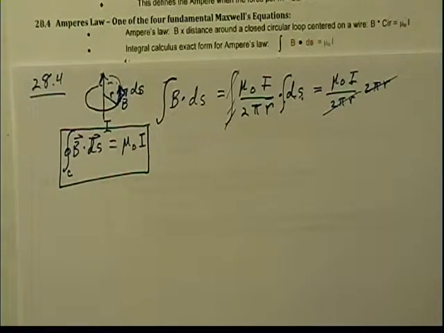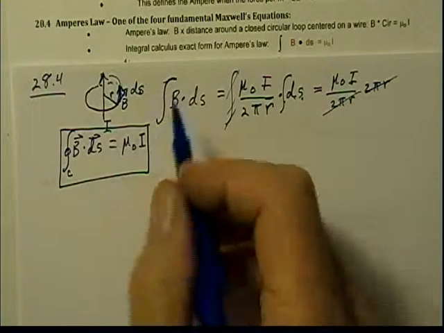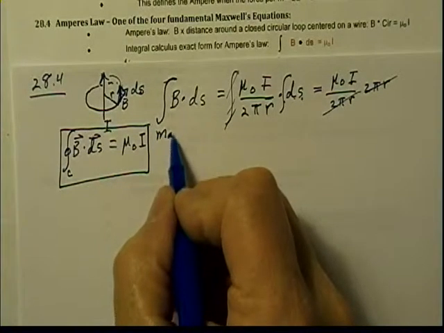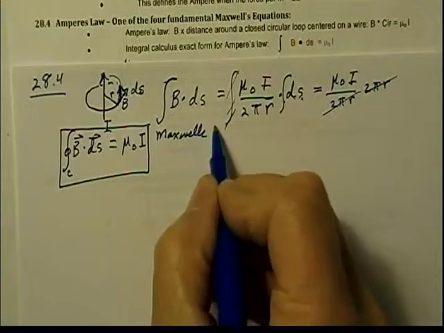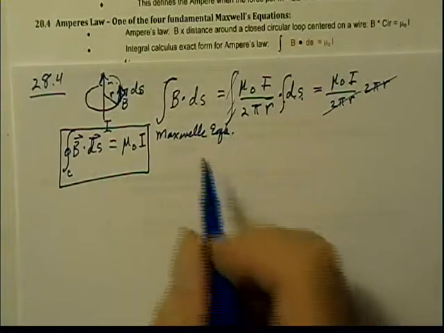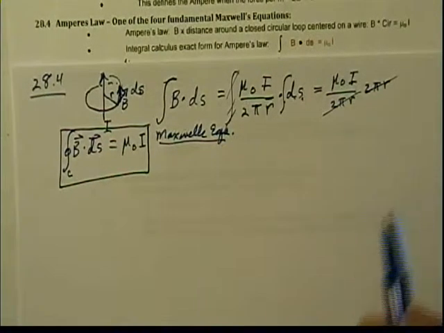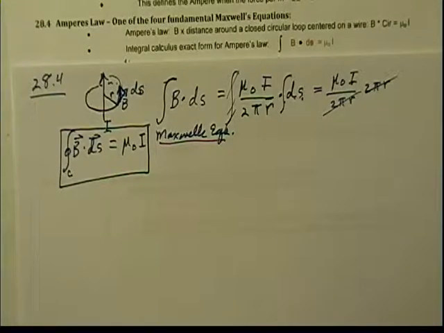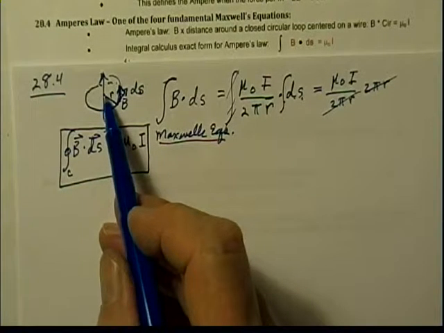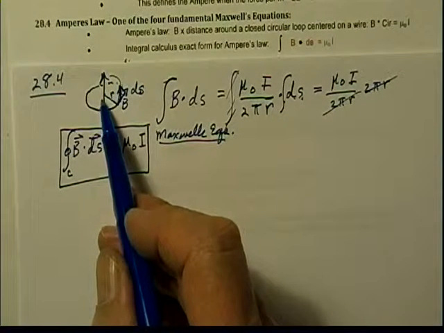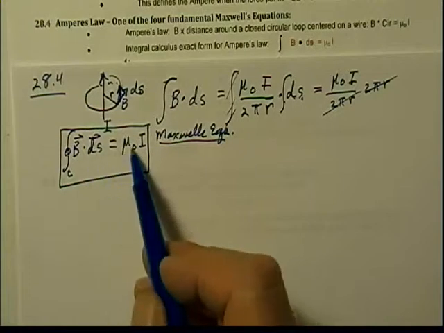Okay, now this is one of Maxwell's equations, but we need to do some work with it, as we'll see in just a moment, and understand what it was that Maxwell did that contributed to that. Now you can say, well, we used an infinitely long straight wire and we used a perfect circle to compute this.